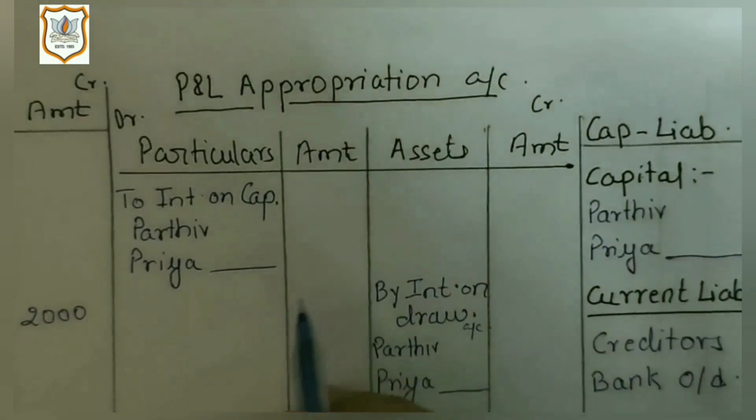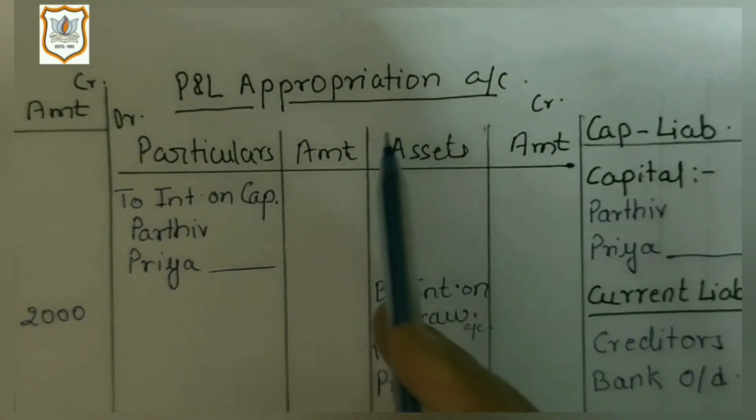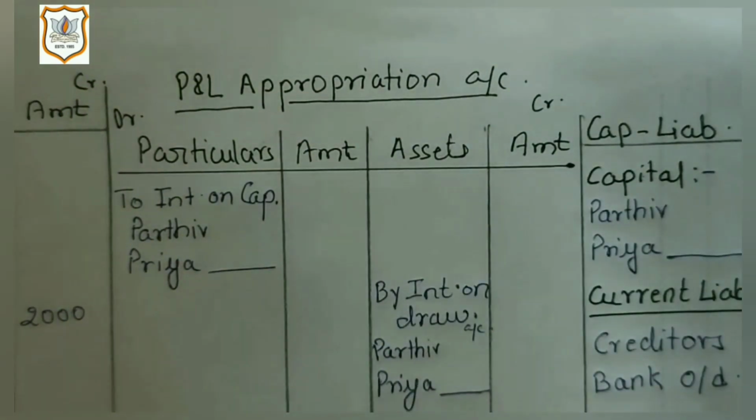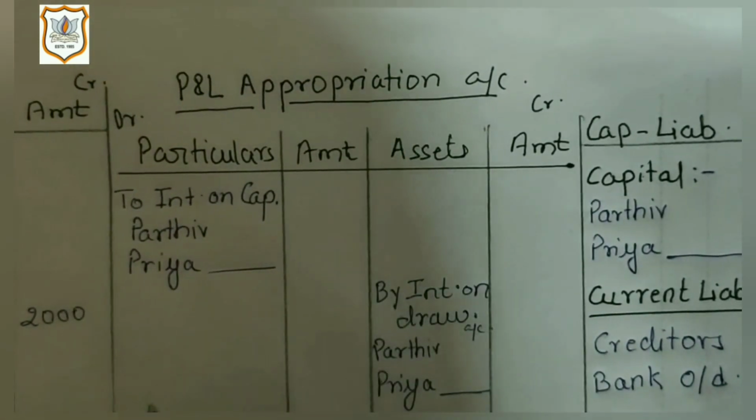Now second effect of it we will give in debit side of profit and loss appropriation account. While recording in P&L appro account, think from firm's perspective. If any item is an expense or payment which is made by the firm to its partner, then it will be recorded on debit side of P&L appro account.